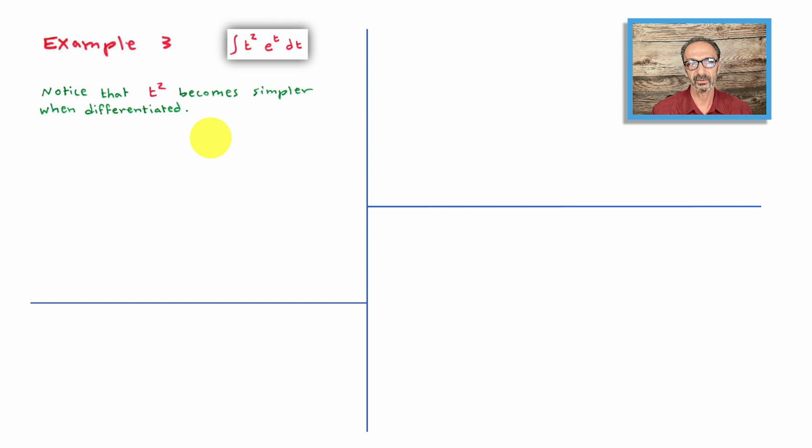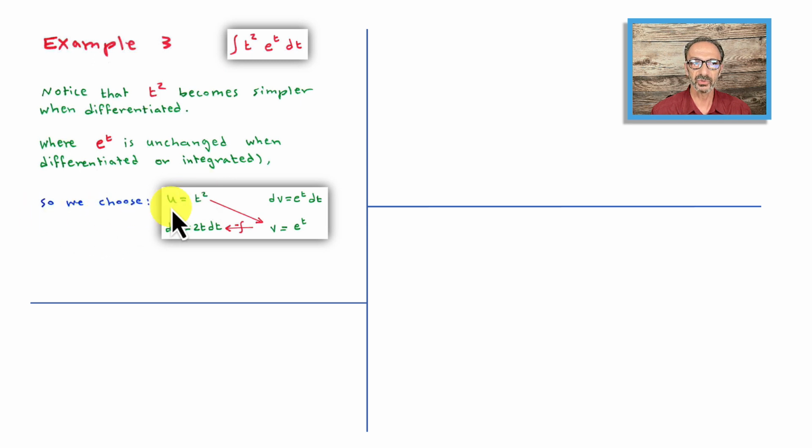So usually we pick as the function u the term that gets reduced or simplified, gets simpler. Where e to the t, the second part, is unchanged. The derivative of e to the t is e to the t, so it's not gonna go anywhere when differentiated or integrated. So we choose u to be the one that gets simpler. That's t to the second.